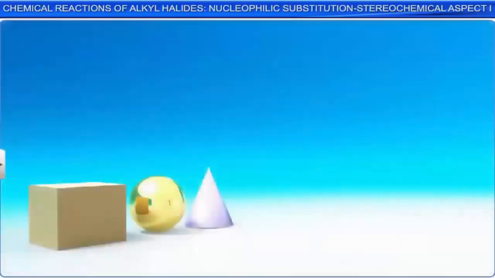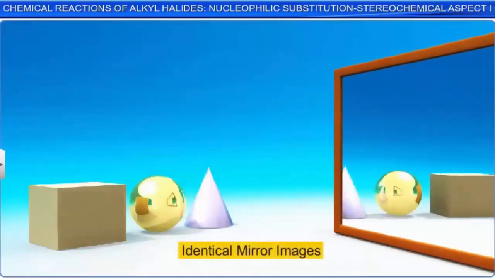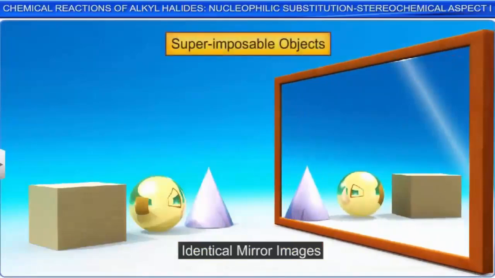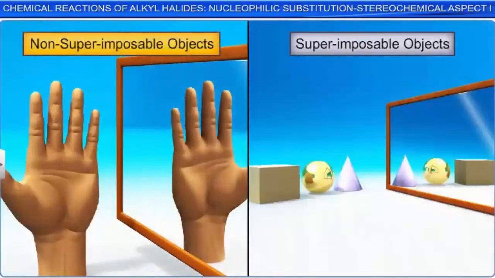You see symmetry and asymmetry commonly in your everyday life. For example, a sphere, a cone, and a cube are identical to their mirror images and are superimposable. However, many objects are non-superimposable on their mirror images.